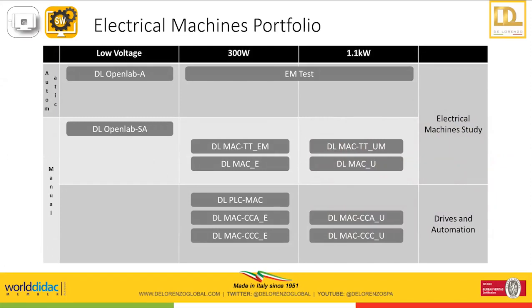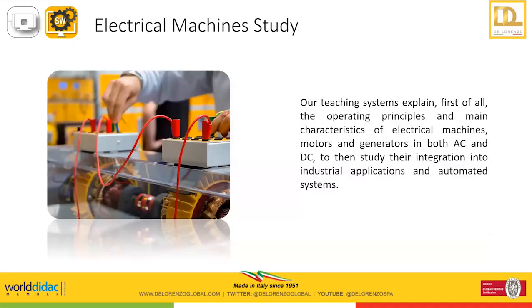We have Open Lab automatic and Open Lab semi-automatic. So I focus today on Open Lab semi-automatic because the smart simulator software is based in most applications on semi-automatic, or we also call it the manual Open Lab system.